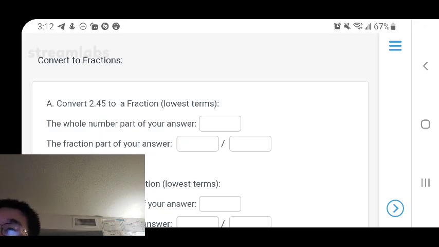3.5% to a fraction. Because you know 3% is 3 out of 100. So 3.5 out of 100. Divided by 5, I guess. That's 0.7. Wait, to a fraction. Oh, okay. I'm doing it 0.7. Let's times it by 10.